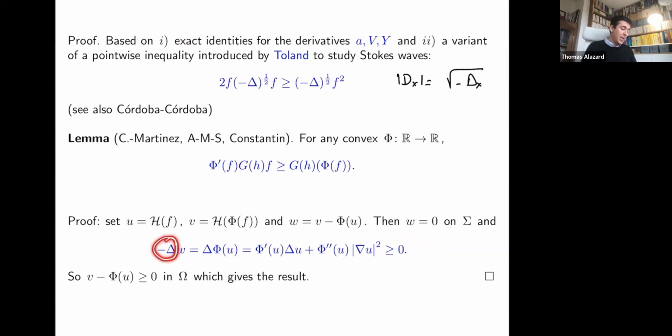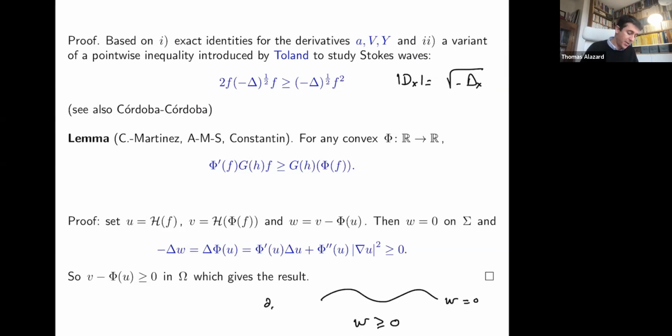Since minus Laplacian is a non-negative operator, and since w is zero on the free surface, you deduce that w is a function which is equal to 0 on the free surface and non-negative inside the domain.